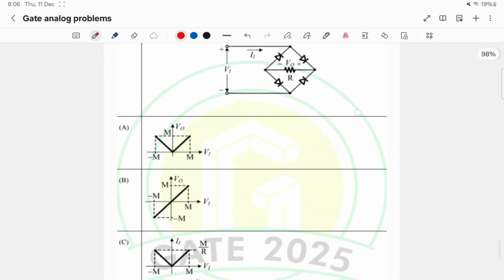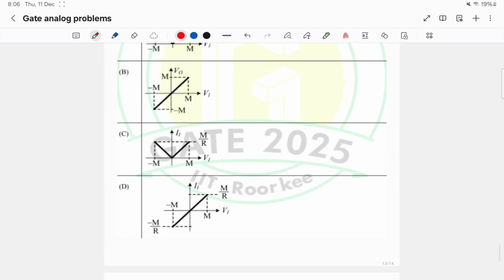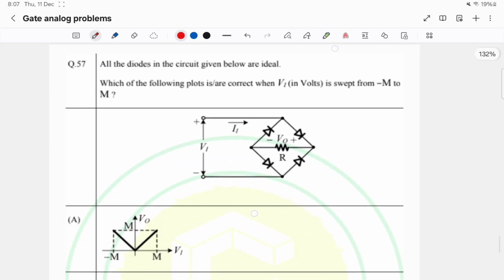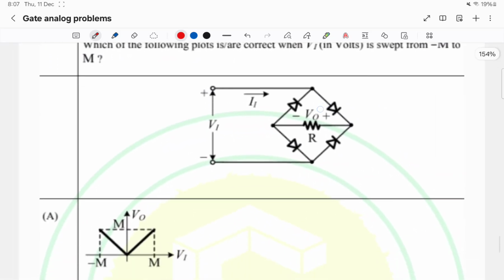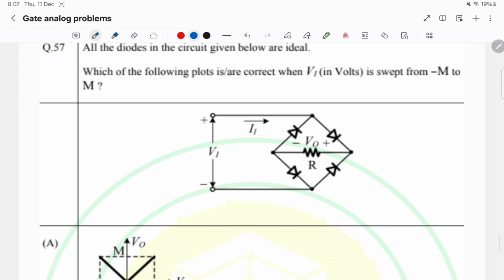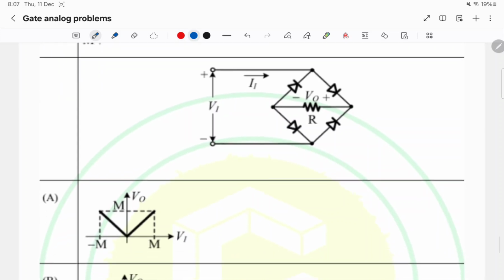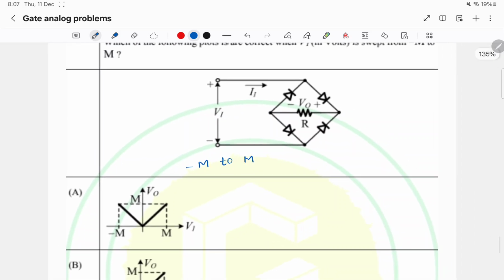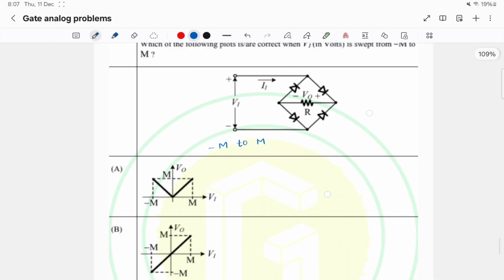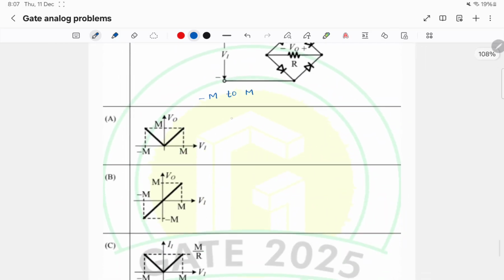And the last question is this one. Here we are varying the input from -m to m, and we have to check which of the plots are correct. We'll divide this into two parts.